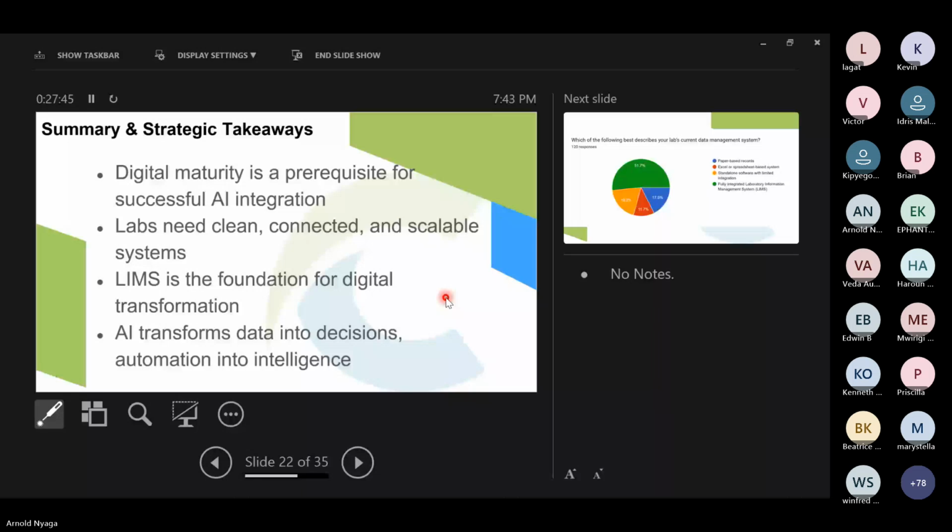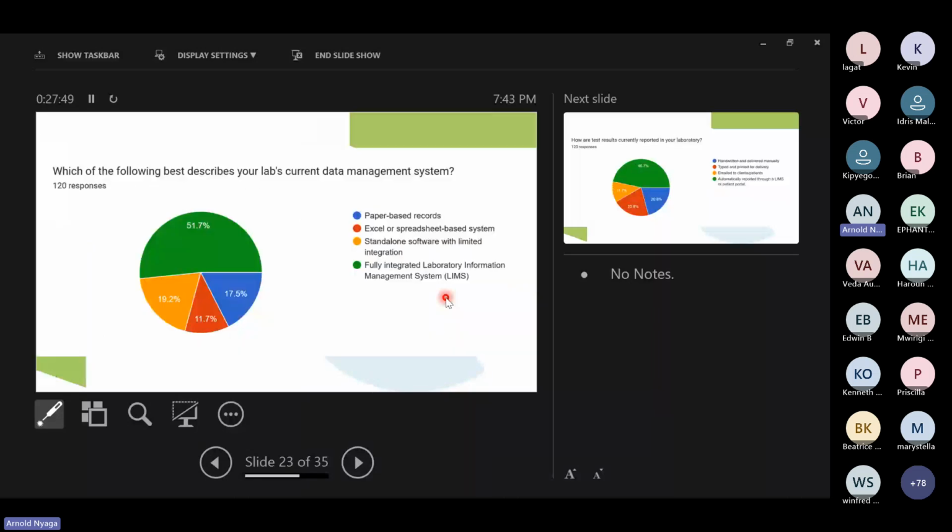So we can see here what we are having. 51% of the respondents have a fully integrated laboratory information management system, which is good. If you have this in your digital maturity, you are now getting to the next level of information management system.